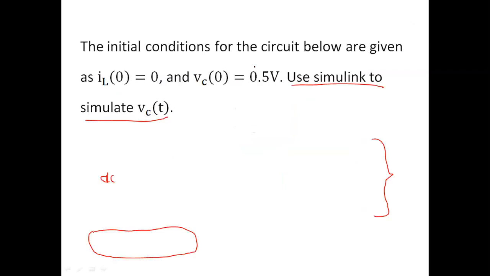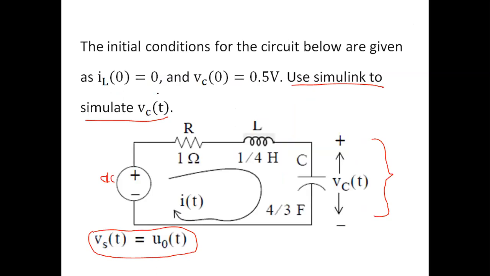So we have the initial conditions for a circuit given as IL0 is equal to 0, VC0 is equal to 0.5 volts, and we're asked to use Simulink to simulate VC(t). So we have an RLC circuit that is connected to a DC source.